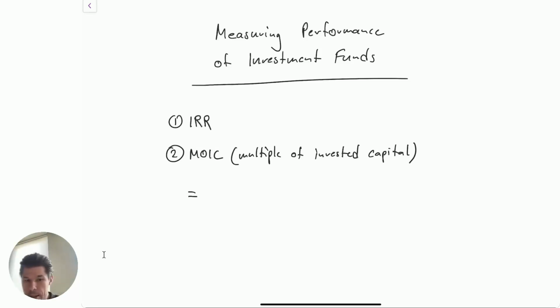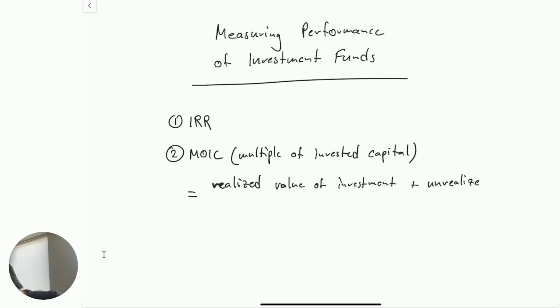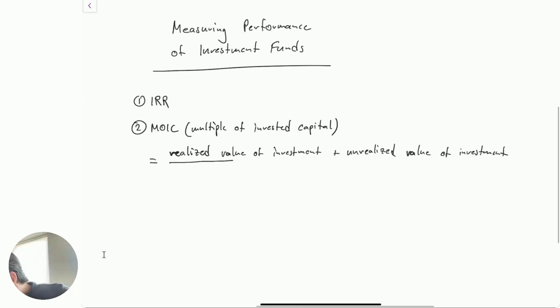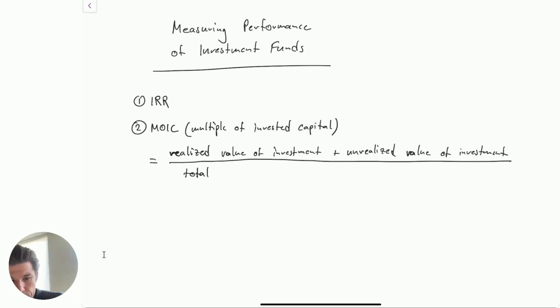And the formula is realized value of investment plus unrealized value of investment, divided by total amount of invested capital. Okay, realized value. What is realized value?